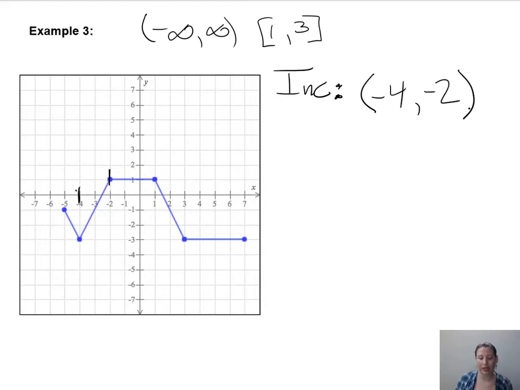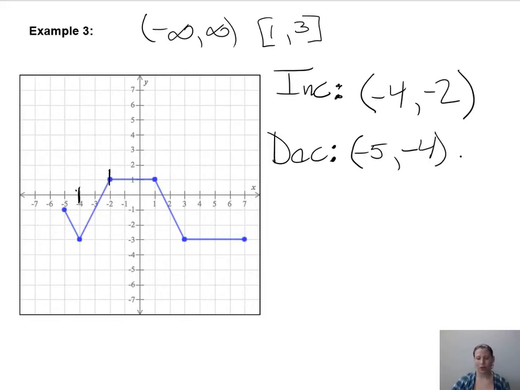All right, so now that we've done the only increasing section, let's do the decreasing sections. If we look here, the very first point at -5 is decreasing, right? So that means we start at -5. Where do we stop? Well, we stop at -4 because that's where the increasing section starts.